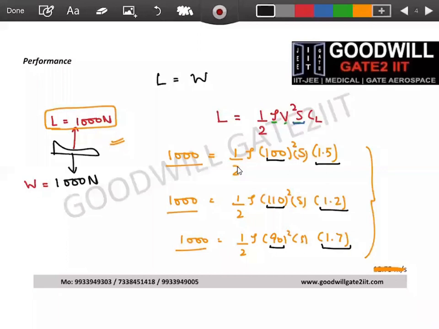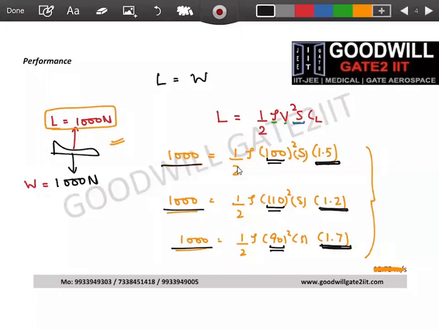You should know this. If not, I'm covering that part now. Your CL can be controlled by your angle of attack because you're using a particular kind of airfoil in your wing. So the pilot can control this. The pilot can control the velocity as well with the help of the engines. You can have more velocity, you can have less velocity, but in the end, I want 1000.